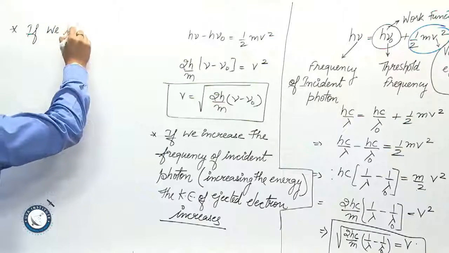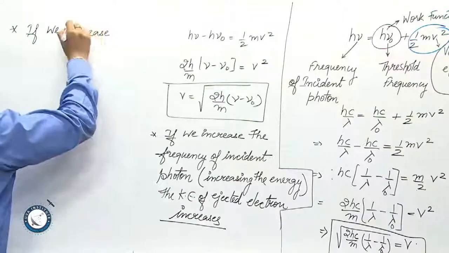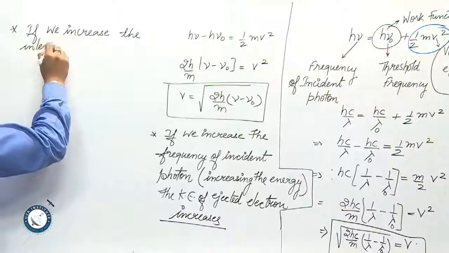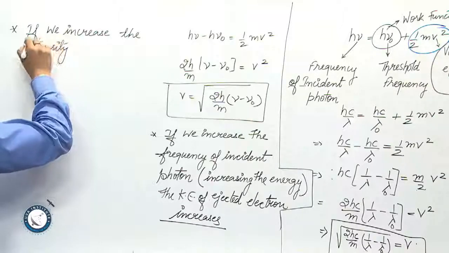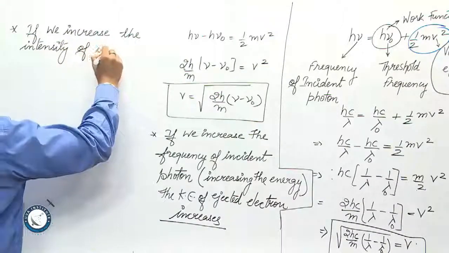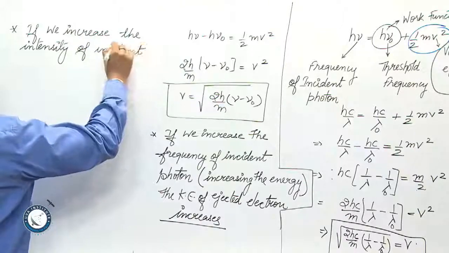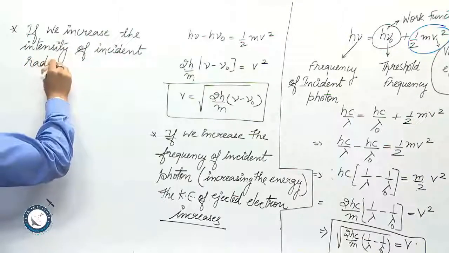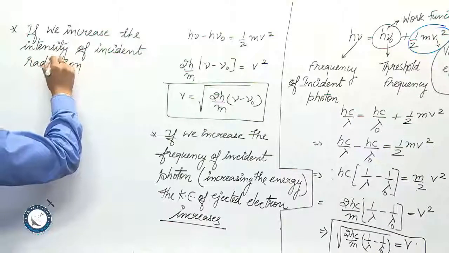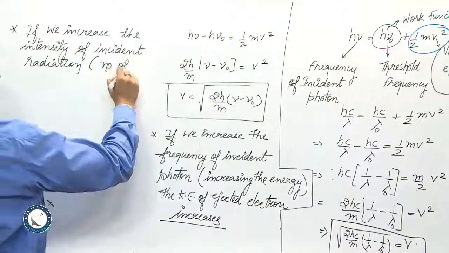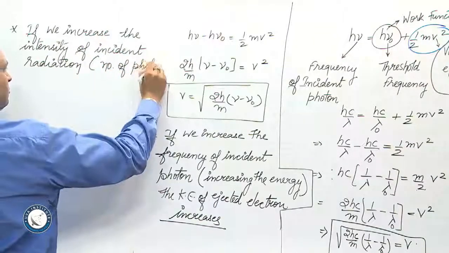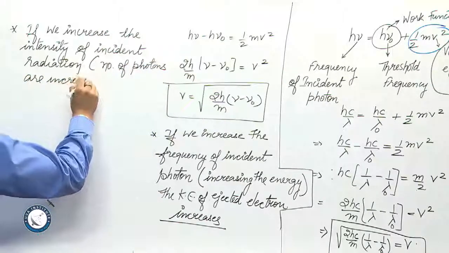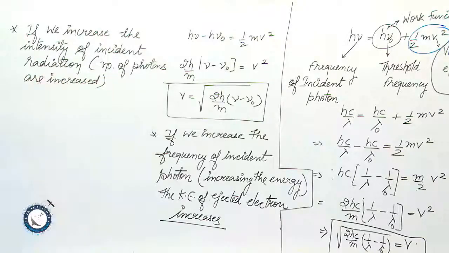Whereas if we increase the intensity of incident radiation. Now what do you mean by increasing the intensity? Number of photons are increased. So now what will happen if you are increasing the number of photons?